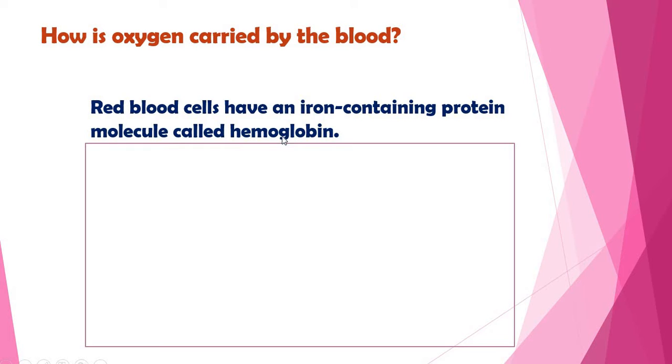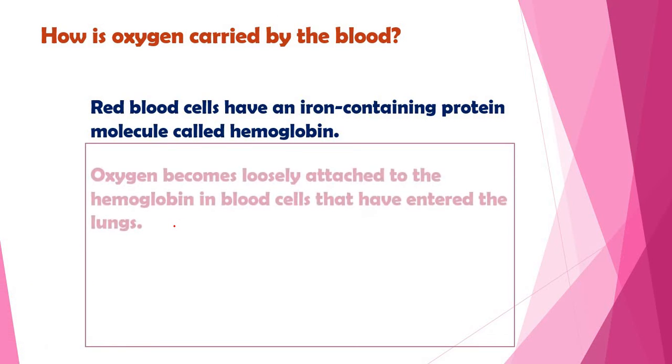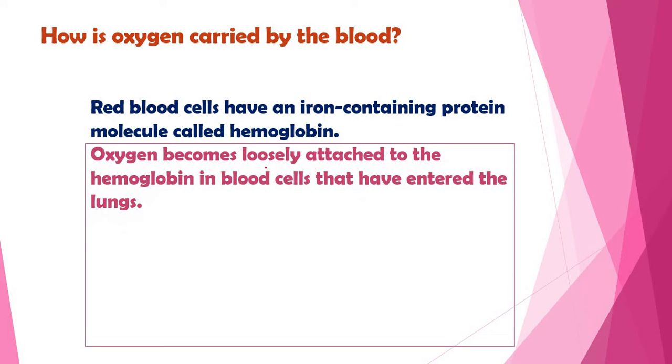Hemoglobin is an iron-containing protein molecule present in the red blood cells. When oxygen enters the bloodstream, it becomes loosely attached to that hemoglobin.